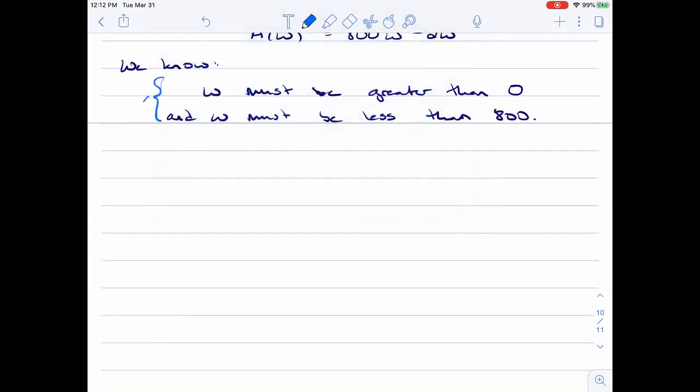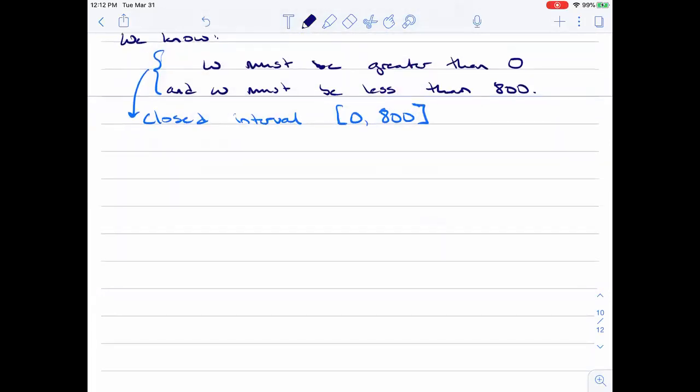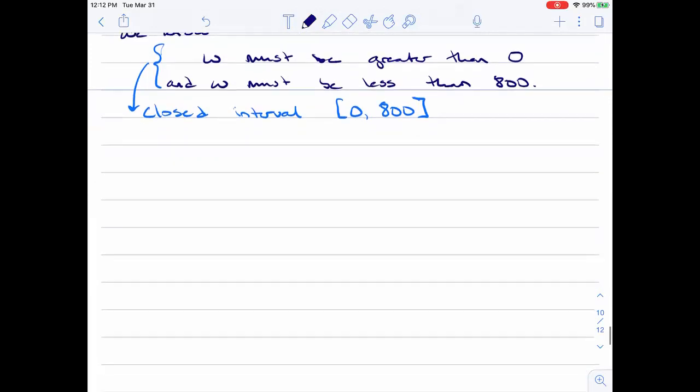Making this a closed interval from 0 to 800. So if we have a closed interval, the easiest thing I would say is to use the closed interval method.